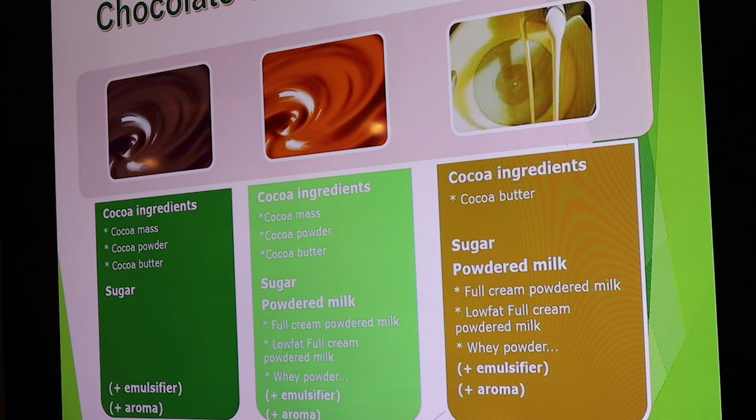Oxidation is one of the keys. The cheaper the milk powder, and also if you have a chocolate with a lot of milk powder, then you speed up the oxidation, which means that you have a very short shelf life on your pralines.